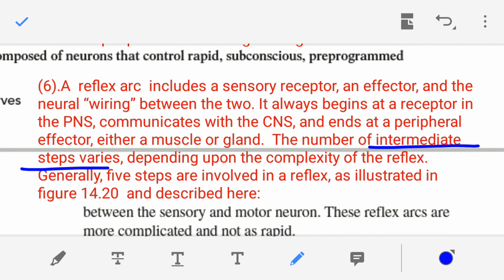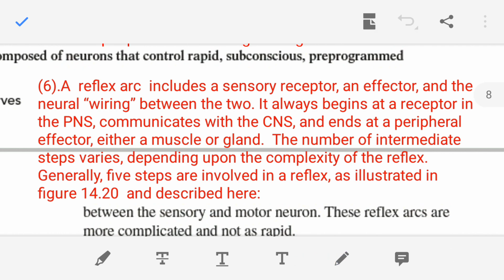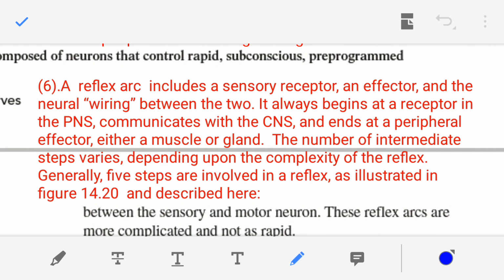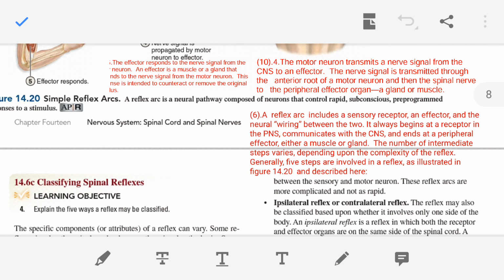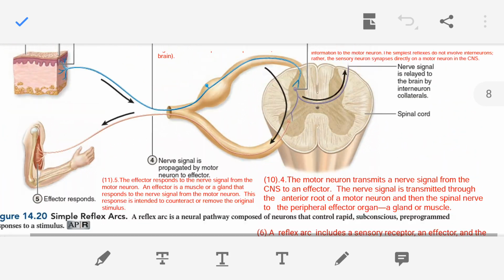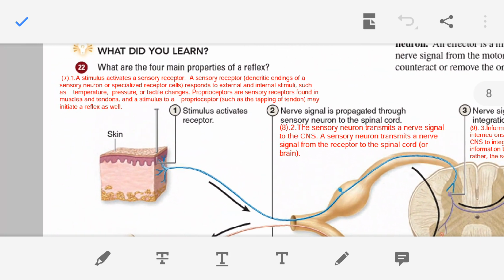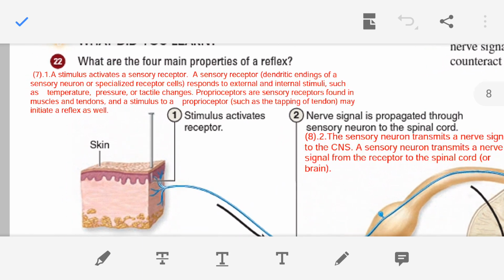Here we are discussing the simplest reflex action, and in this reflex action you will see that a total of 5 steps are involved. So this is the first step.